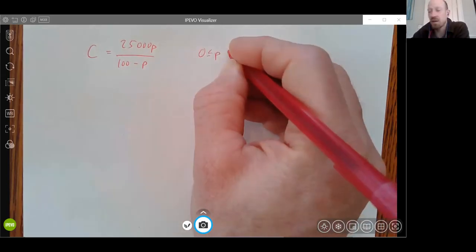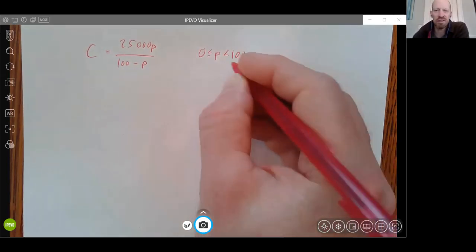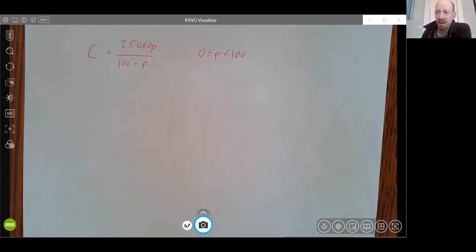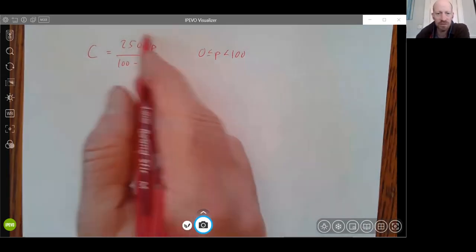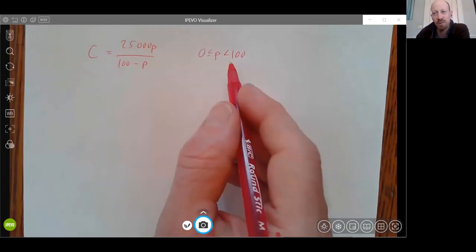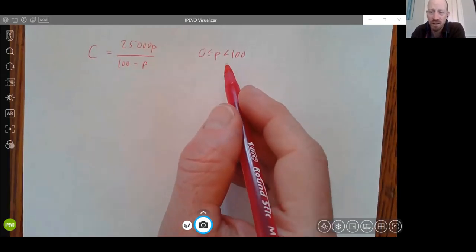When you have an application, usually you can't just put anything in. It only makes sense for certain values. This formula makes sense for lots of different p-values, but in terms of the recycling bin and cost, it only makes sense here.